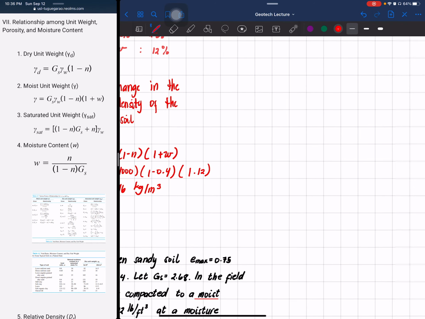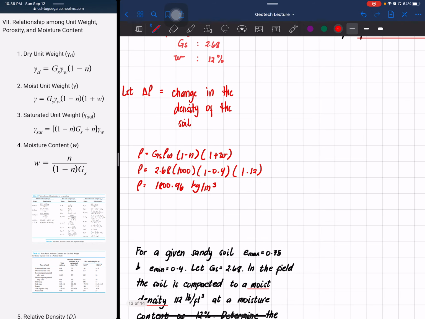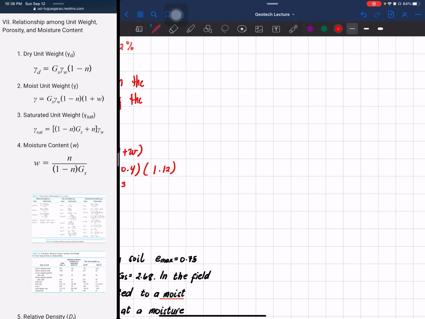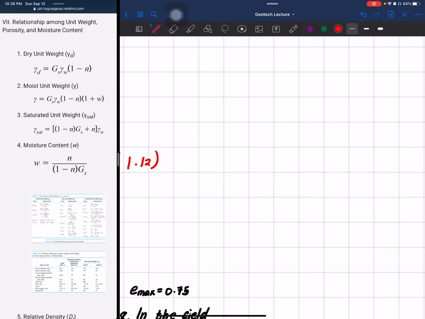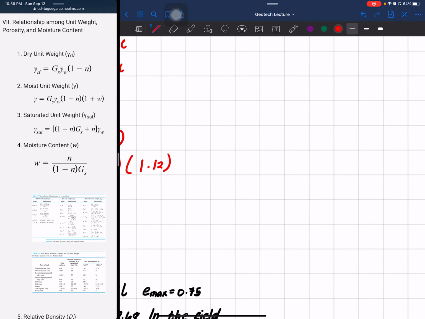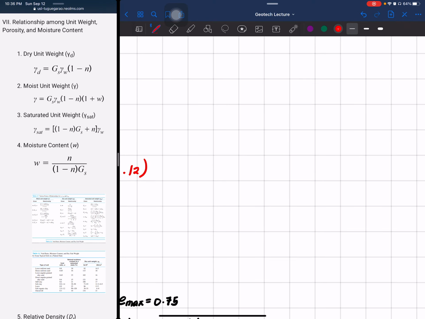Okay, how about the saturated density? Kasi kailangan natin yung saturated density because sabi nga sa problem, we have to achieve daw saturation, full saturation. Okay, so I'm gonna write it here. Okay, and that is now equal to 1 minus n multiplied by GS plus n and then rho ng water. Okay, so your rho sat now is equal to 1 minus, what is our porosity?